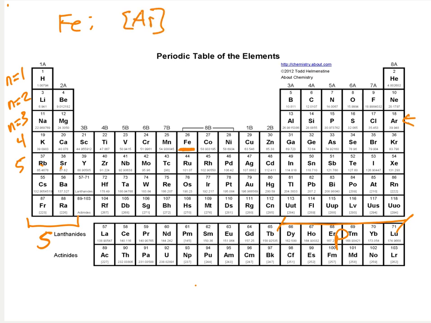And then we're going to move beyond argon, and we're going to start filling up first the s orbital, but now we're in the fourth row, so it's going to be 4s, and we're going to completely fill it up, 4s2, and then we're going to move into the 3d orbitals. Remember once again that those d orbitals lag behind by one principal quantum number, and we then need to figure out how many 3d electrons we're going to have. Well, we've got 1, 2, 3, 4, 5, 6 of these 3d electrons for iron.